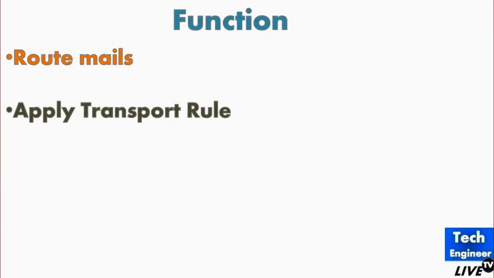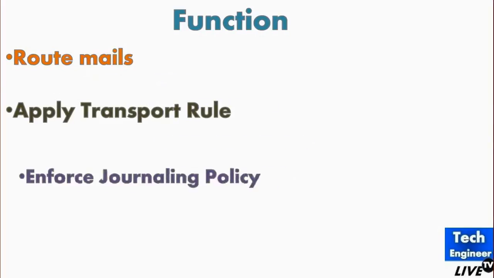As functions, the hub transport routes mail, which lets you send mail to anyone and receive mail from anyone. It applies transport rules. When we configure a transport rule, it will be applied through the hub transport only.